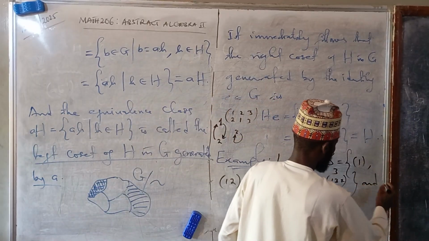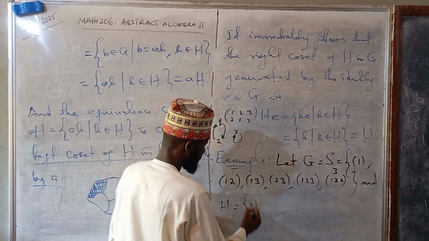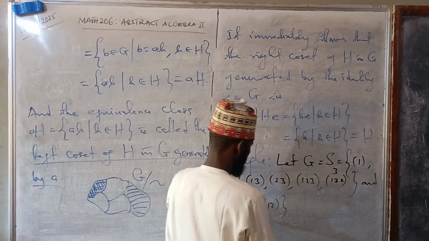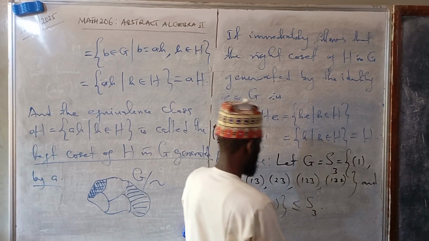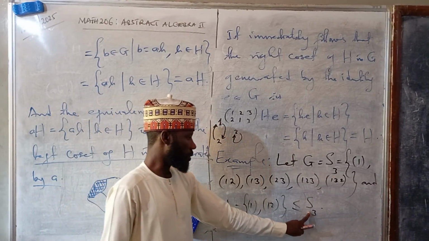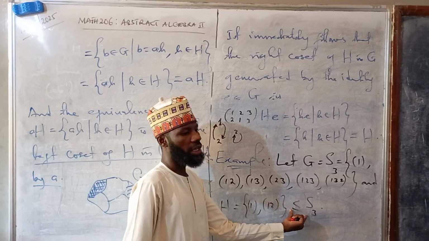So take G to be this one. And I claim that H, which is {1, (1 2)}, is a subgroup of S3. I don't know that we have introduced this notation: if H is a subgroup of some group G, then you say H is less than or equal to G, to mean H is a subgroup.